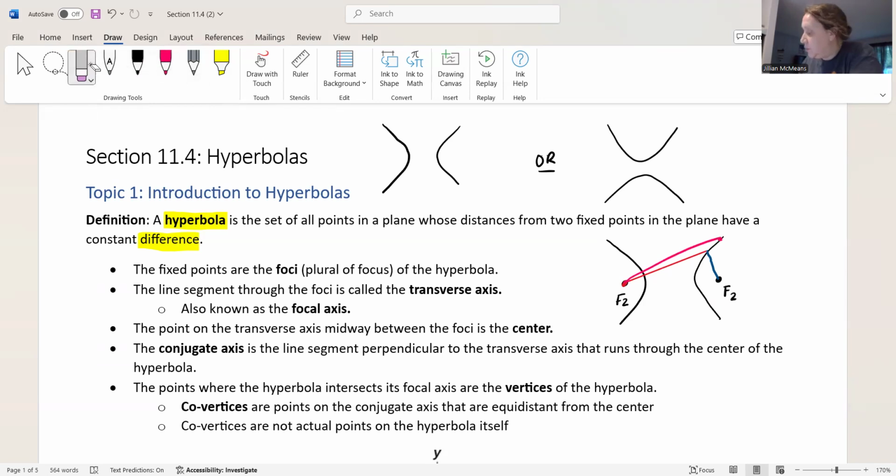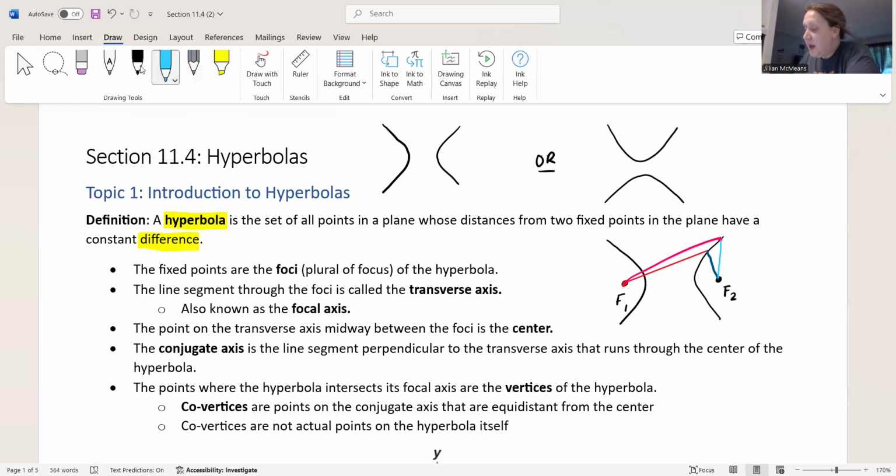I just realized I labeled both of these focus point 2. So we'll say this is focus 1 and the blue one's focus 2. And then let's look at this color. From that point to focus 2, if we subtracted pink minus blue, or red minus blue, we're going to get the same difference. No matter where we're at on this plane, we're going to get the same difference between those two distances.